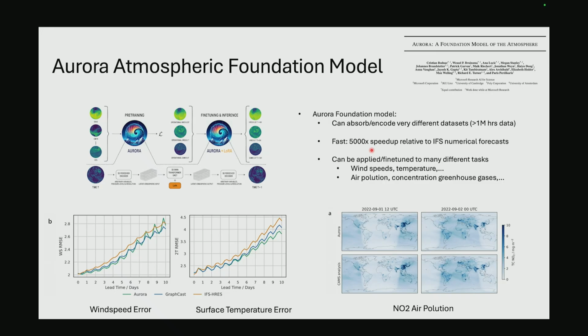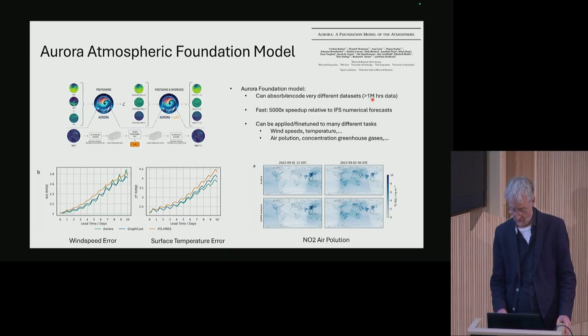It also has a nice speed up, but you're no longer impressed by that. We've heard 10,000, 100,000, maybe 1 million times speed ups already. So this was trained on 35 GPUs for about a month, so not too bad actually. More than 1 million hours of data.